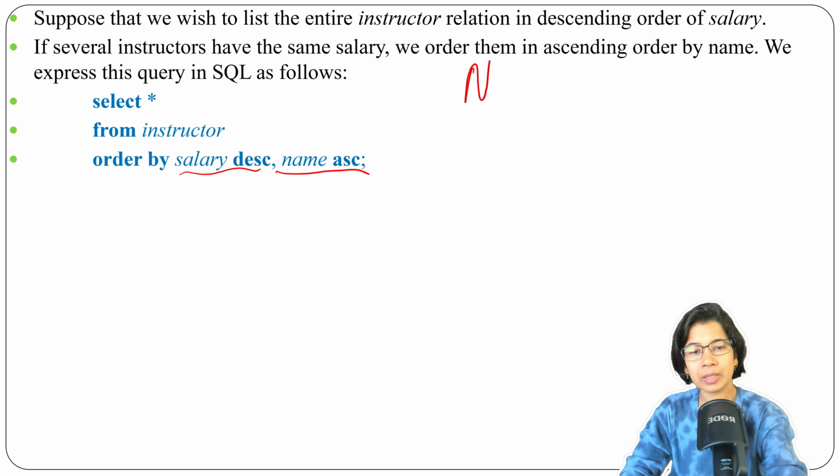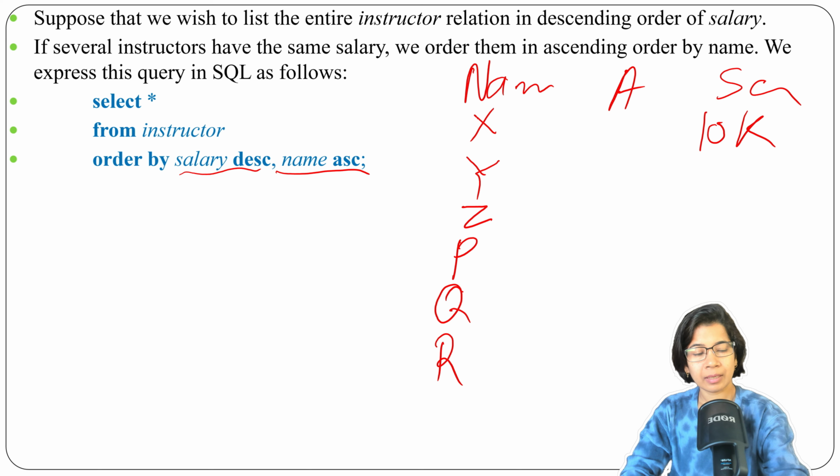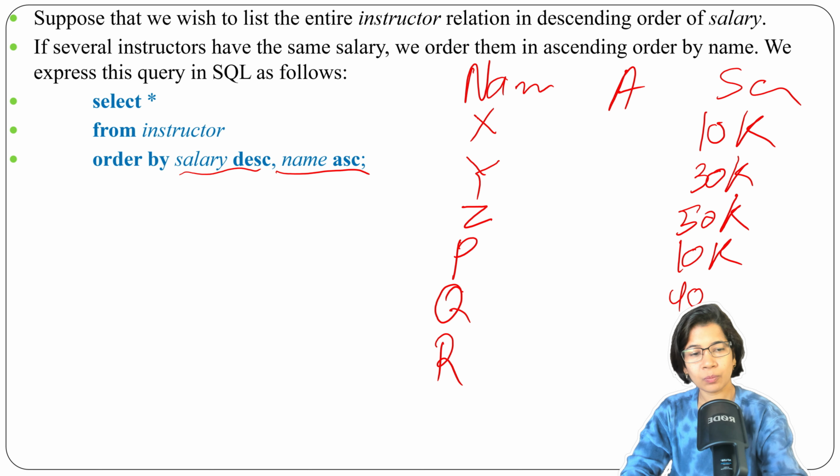Suppose we have names X, Y, Z, P, Q, R. Let the salaries be: X 10K, Y 30K, Z 50K, P 10K, Q 40K, R 10K.